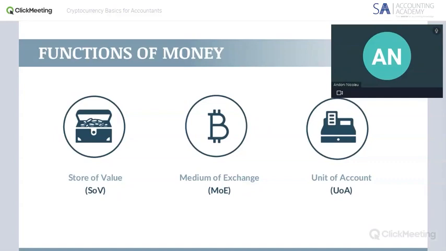Now, globally speaking, the dollar serves as the global reserve currency, and that acts as the unit of account for the vast majority of global commerce. So store of value and medium of exchange are the two most essential functions of a money. And then lastly, the most ubiquitous form of money tends to act as a unit of account.